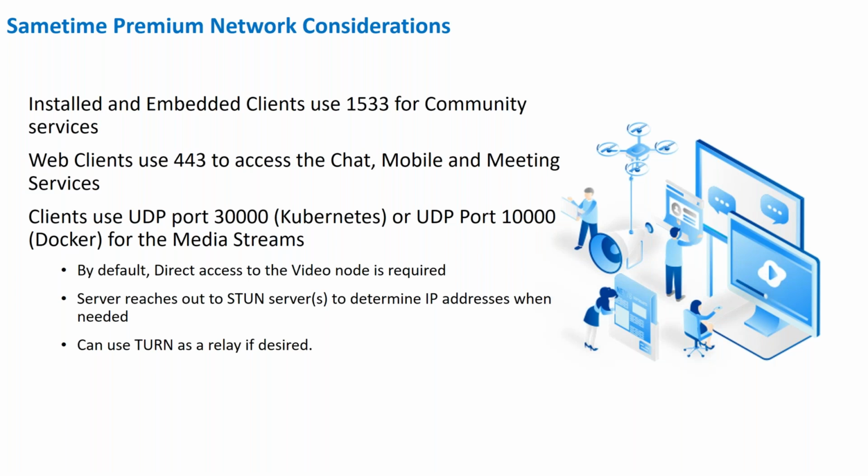If you set up a Stun server on the inside of the network and use it, then it will return the IP address as seen from that particular network segment. And then finally, that's all about getting the right IP address. Sometimes you have a case where you need to traverse firewalls and you can't do that directly. You have to use a relay. We do support using Turn for that.